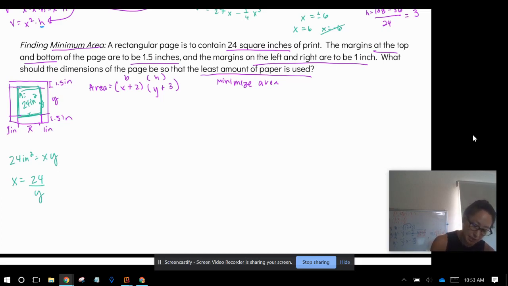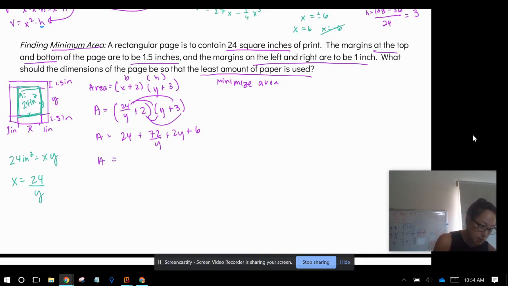Now I can use that secondary equation in my primary. So the area is equal to 24 over y plus 2 times y plus 3. Now we multiply. So that's 24 plus 72 over y plus 2y plus 6. All right.